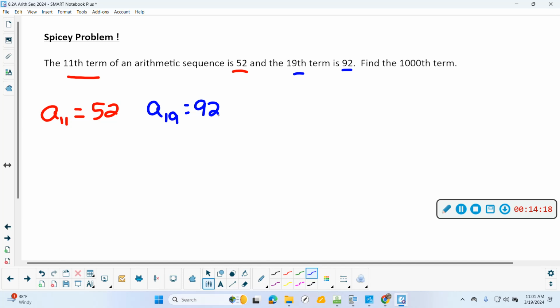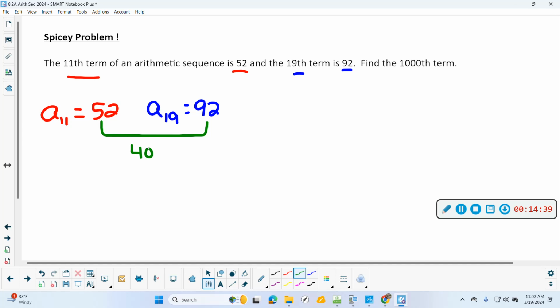Now, first off, just like the previous problem, on these sequences, the most important aspect you need is that difference. So I'm like, okay, let's do the difference. From 52 to 92. You're clearly going up by how much? 40. Now, that's the difference from those 2 terms.